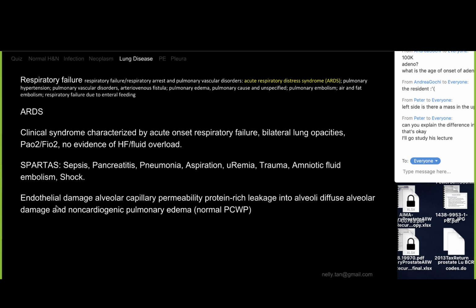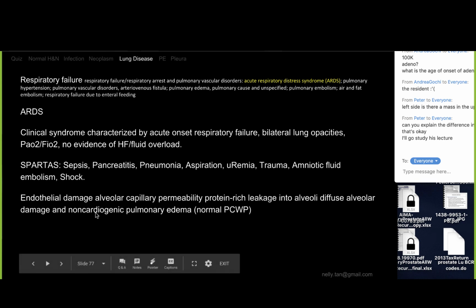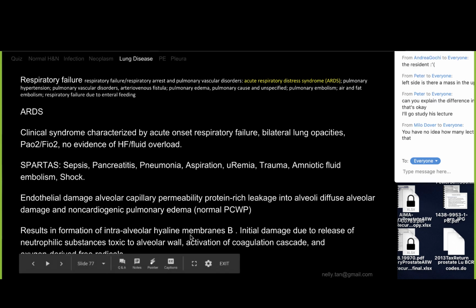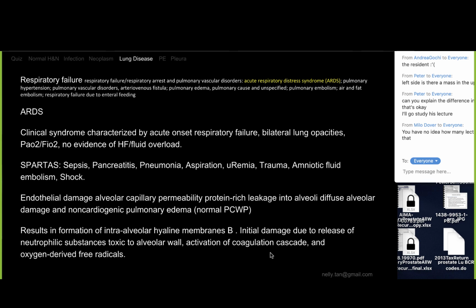But ARDS, this is important for you to know clinically because we see this more commonly than not. You get endothelial damage, and so you get leakage into the alveolar space. And in children, it's called hyaline membrane disease because the neonates, usually immature neonates, don't produce surfactant, and so they get an equivalent called neonatal distress syndrome.